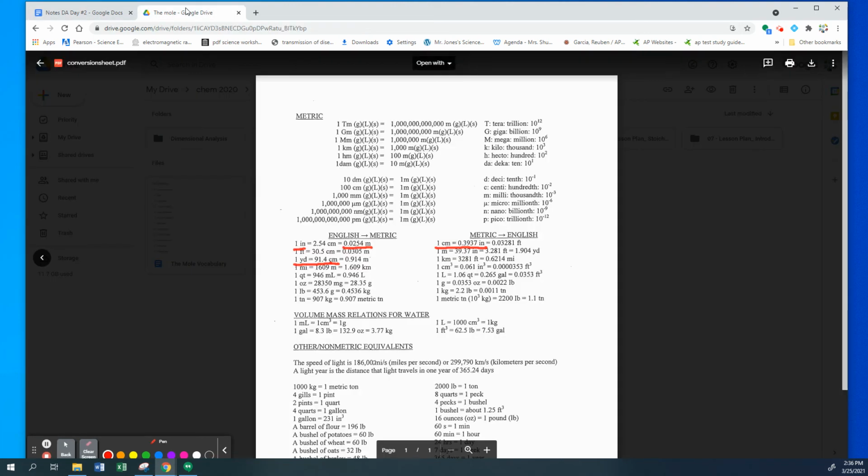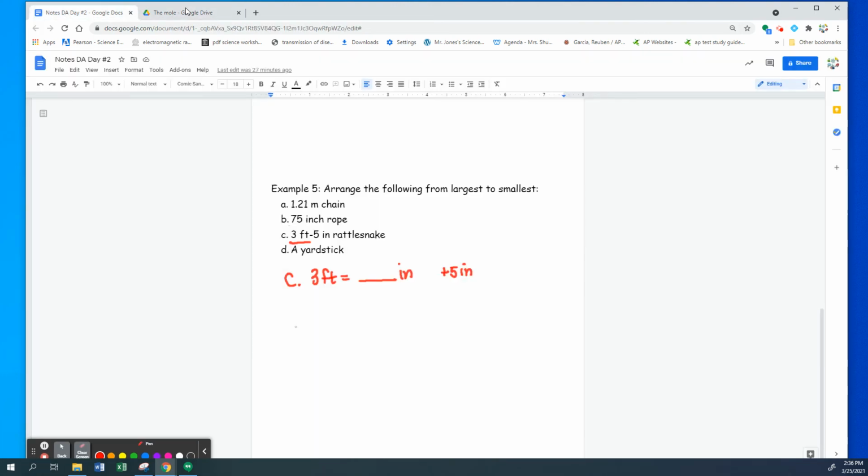So to go from feet to inches, we know, I don't think it's actually on this paper, but there are 12. My known is 3 feet. My unknown is question mark inches. Okay. So for my plan, I'm going to go with 1 foot equals 12 inches.